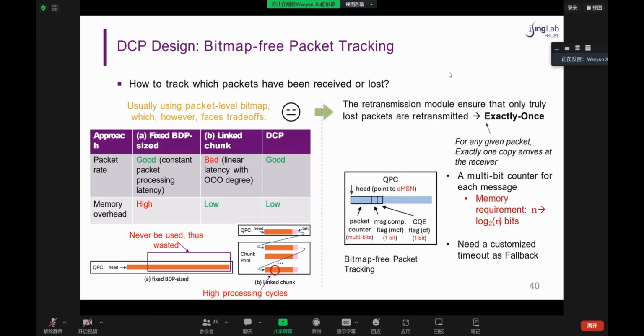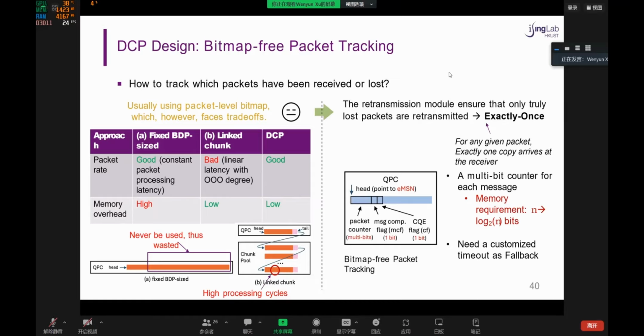Based on this feature, the receiver-side DCP RNIC tracks message-level information using packet counting rather than tracking at the packet level. It maintains a multi-bit counter for each message. Upon arrival of a packet, the corresponding message counter is incremented by 1.